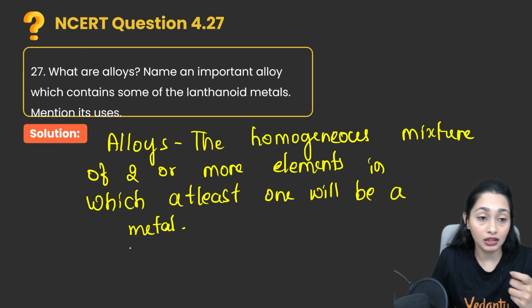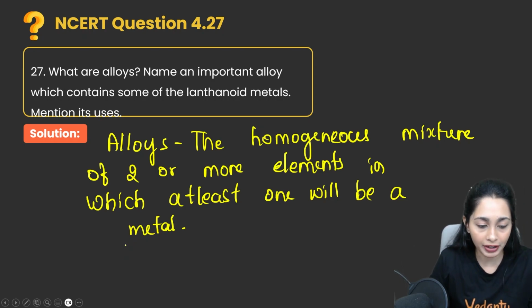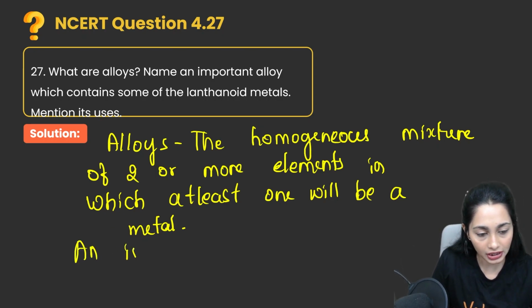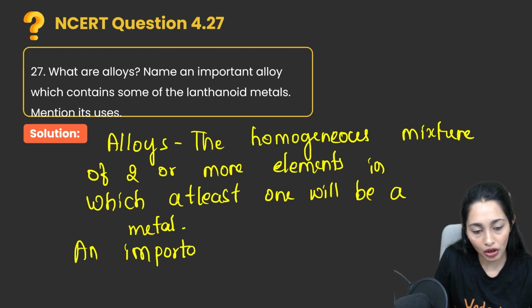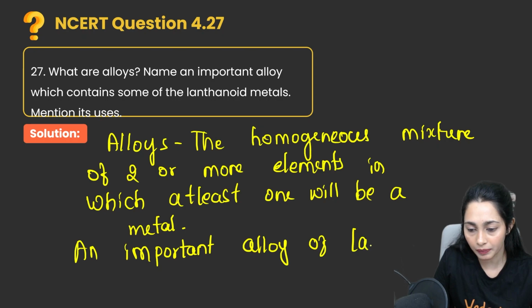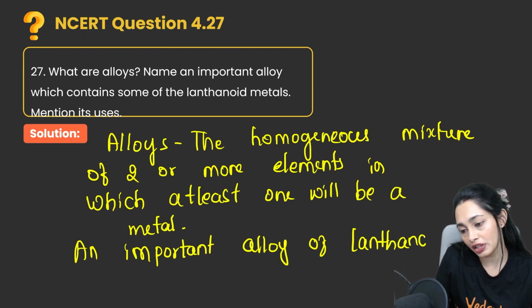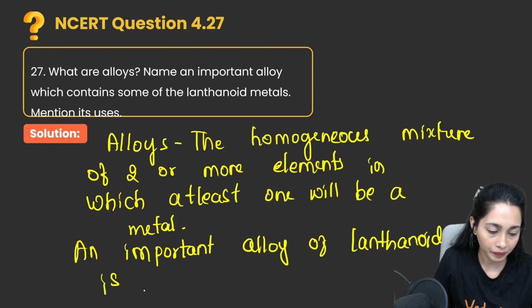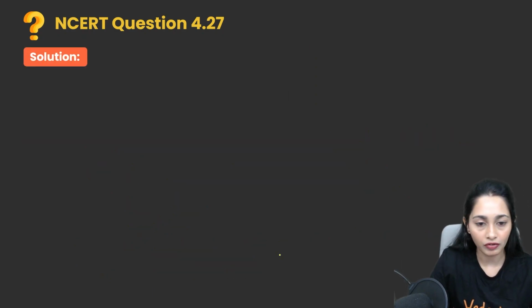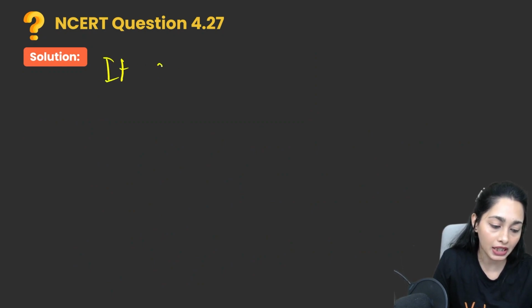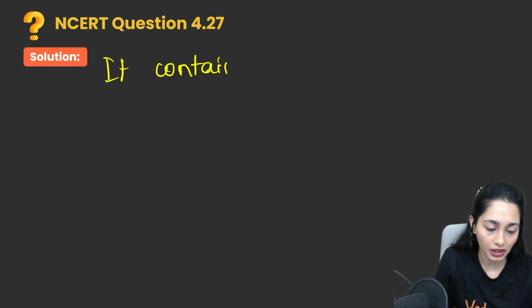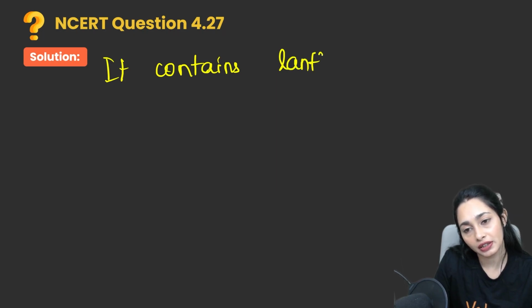But they have asked us to specifically mention an alloy which has lanthanoid metals. So an important alloy of lanthanoids is mesh metal. What does it contain? It contains lanthanoids.